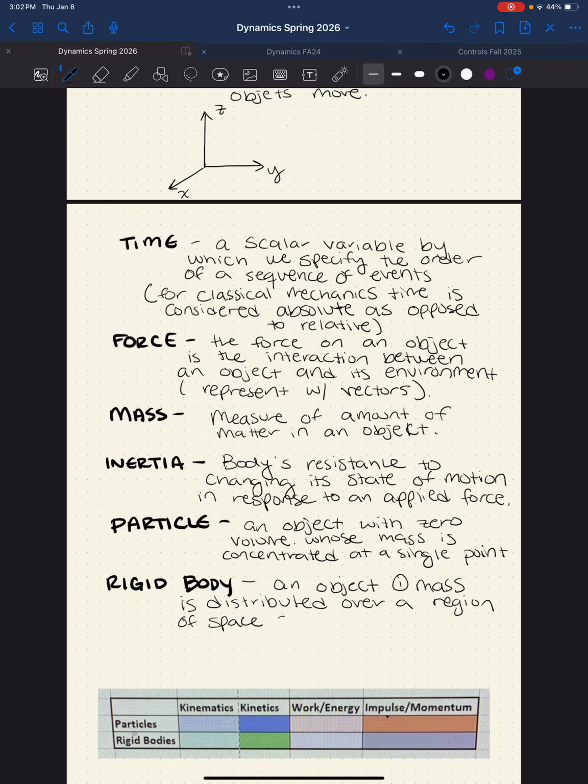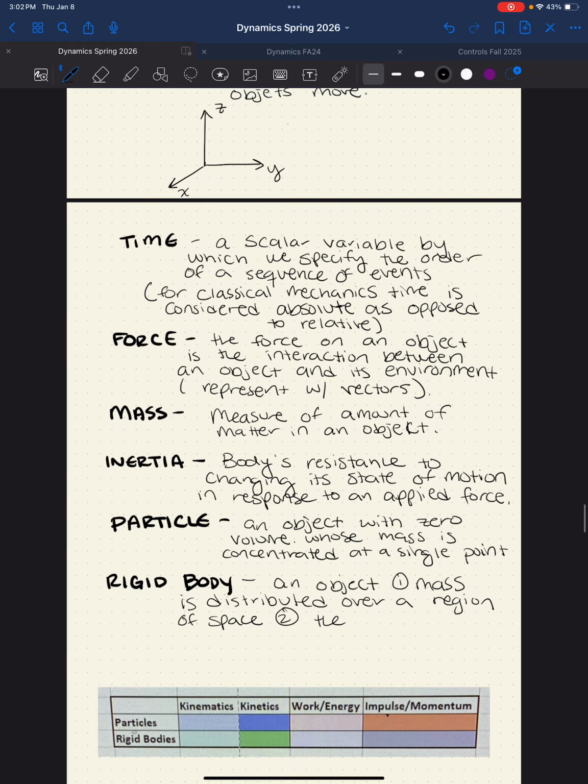And then two, the other really important distinction is that a rigid body is one for which the distance between any 2 points on the body never changes.